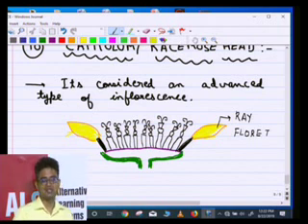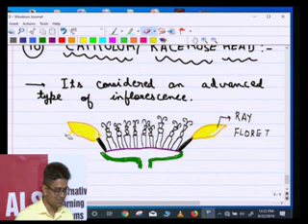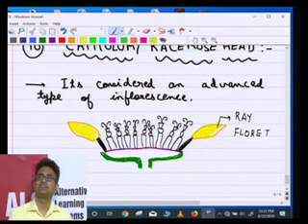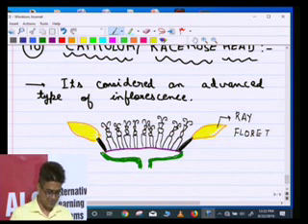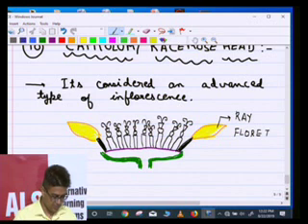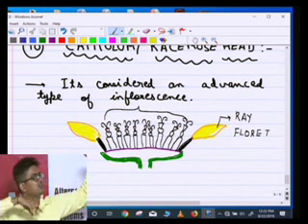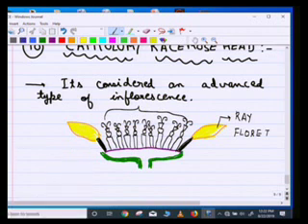Don't get punished for it. Okay, please don't blame me afterwards that sir had told us to pluck a flower and we got punished. Okay, all right. So these are the ray florets and the disc florets. In sunflower, there is a central black colored or brown colored disc, and these discs are made up of individual disc florets.